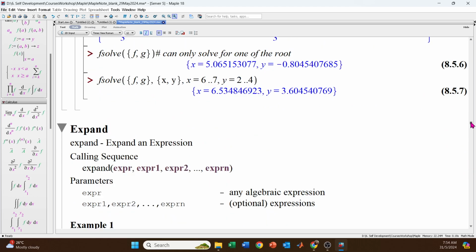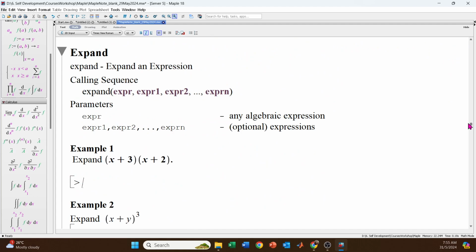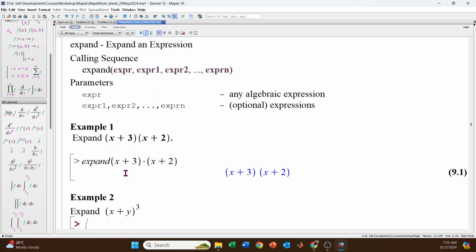After that, expand, to expand an expression. So expand x plus 3 times x plus 2. Expand x plus y power 3.